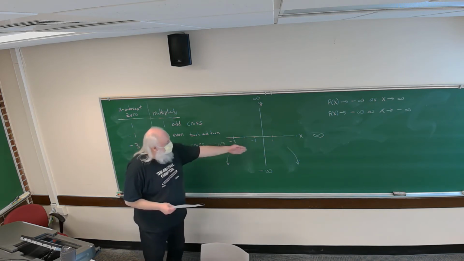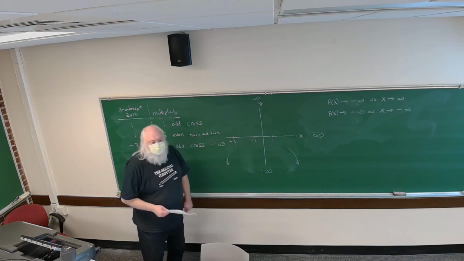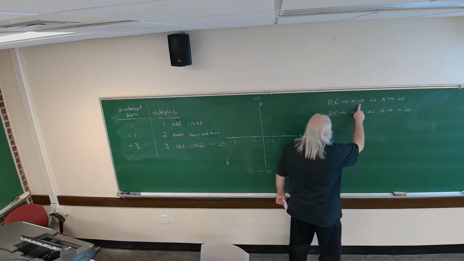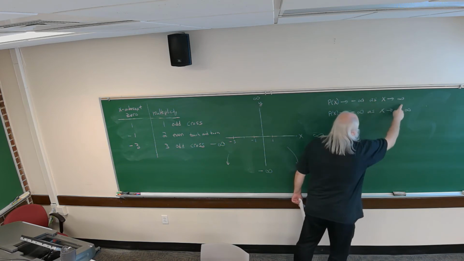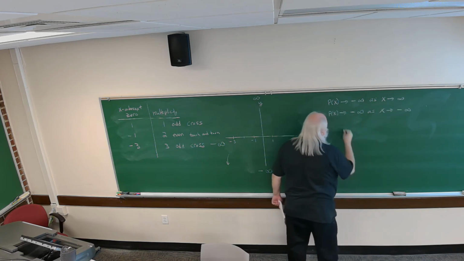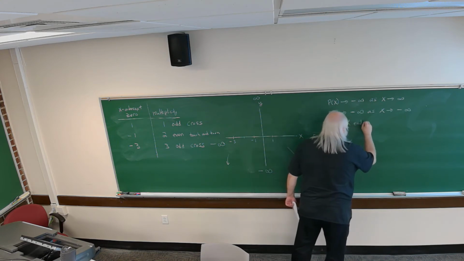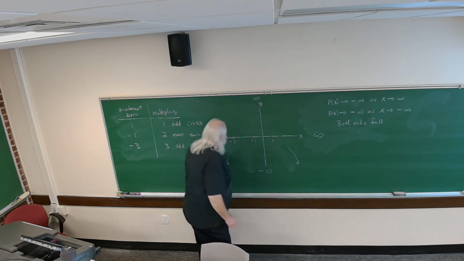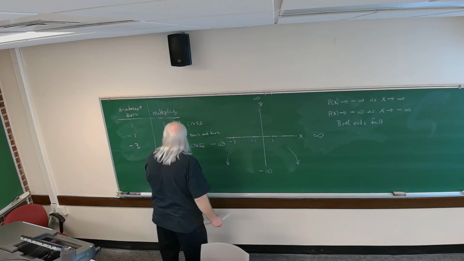That helps us graph at the x-intercepts, knowing what the end behavior is. So in both cases, the graph goes to minus infinity, as x goes to plus infinity and as x goes to minus infinity. So we could write both ends fall.